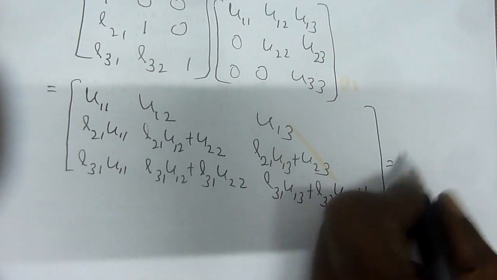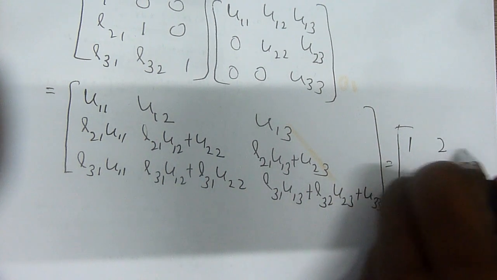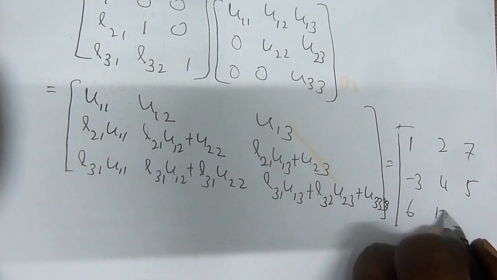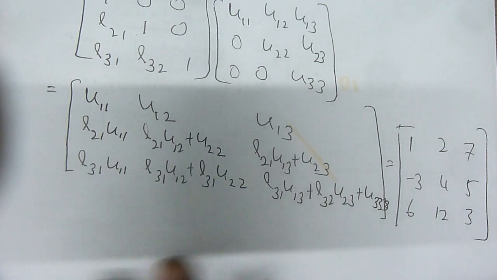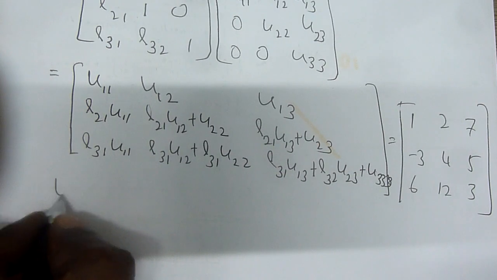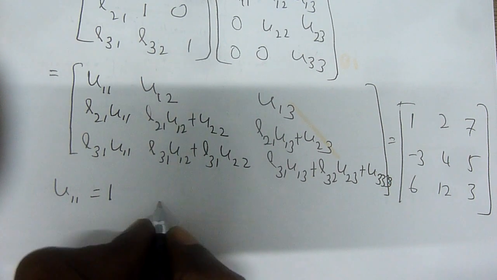Now we equate this equation. We're going to equate this one by one. Your task is to equate this with 1, 2, 7, negative 3, 4, 5, 6, 12, 3. You get a match. That means U11 equals 1, possible?